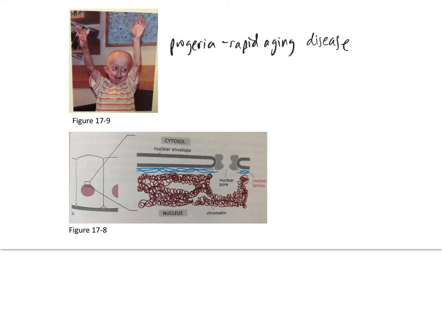This is due to mutations in certain intermediate filaments, which make up the nuclear lamina. And it's not known exactly how this leads to such rapid aging, but it is thought that the DNA is less stable. There's genomic instability due to the lack of the intermediate filaments. Chromosomes are broken very easily, and again, this can lead to a variety of different effects.